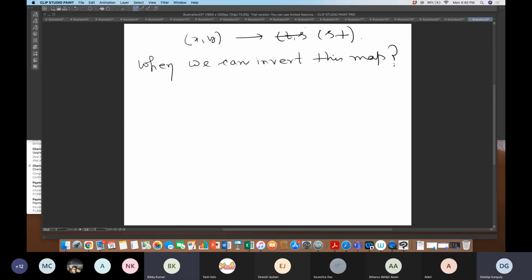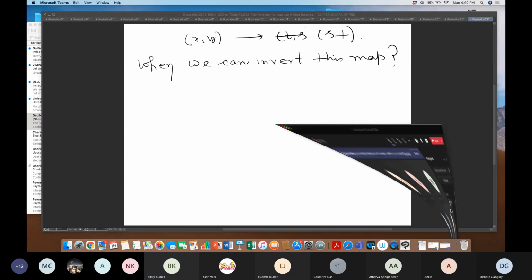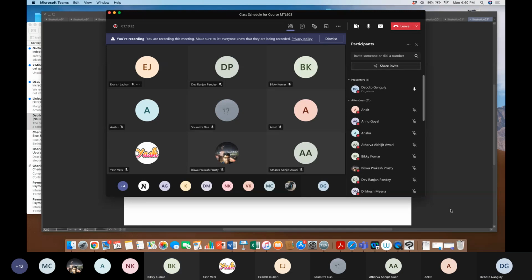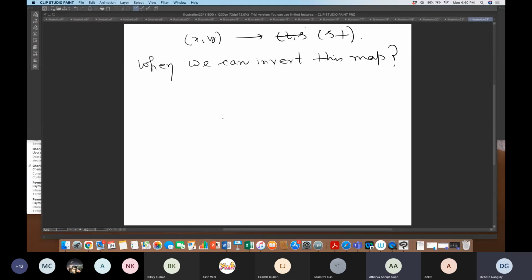When the map is bijective. When? When the derivative of f is non-zero. We have to recall the inverse function theorem. That is why last class I said please have a look at the inverse function theorem.